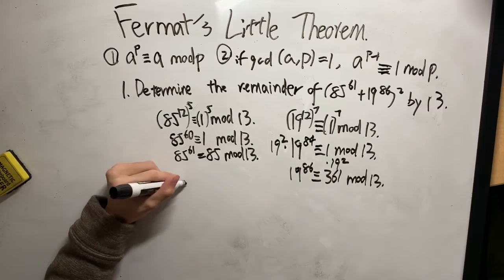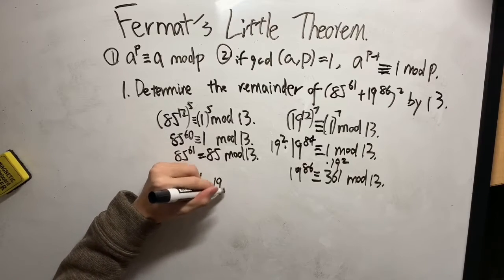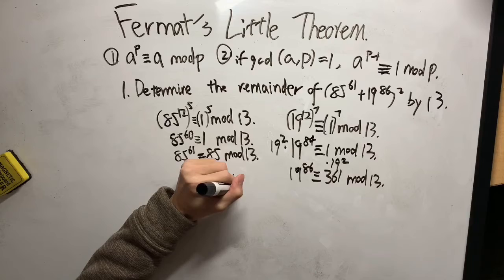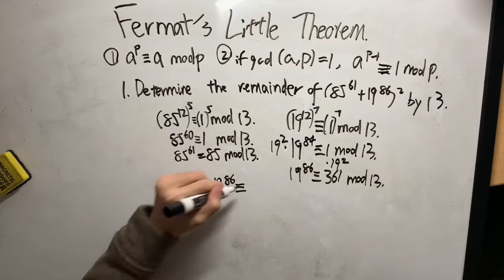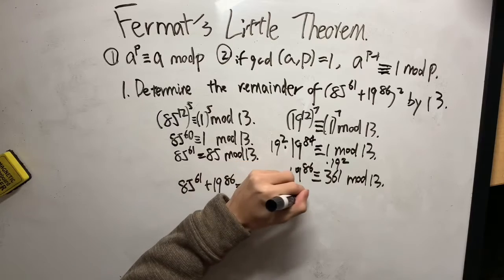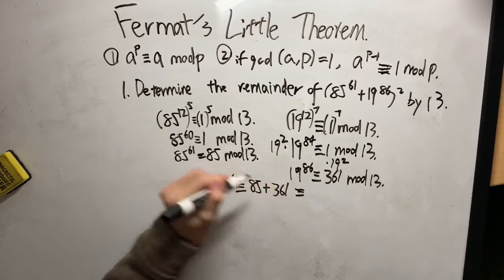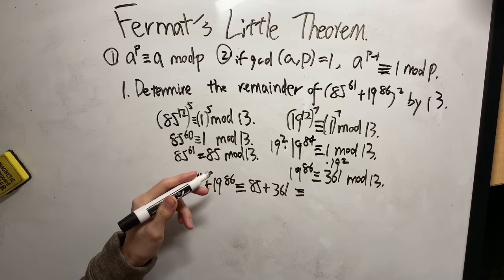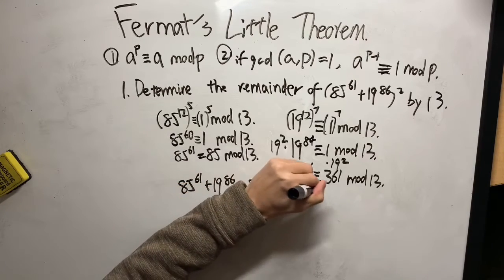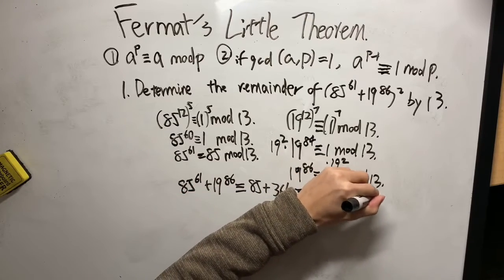Therefore, 85 to the 61 plus 19 to the 86 is congruent to 85 plus 361, which is also congruent to 446 mod 13.